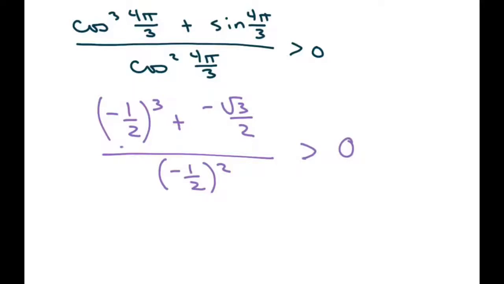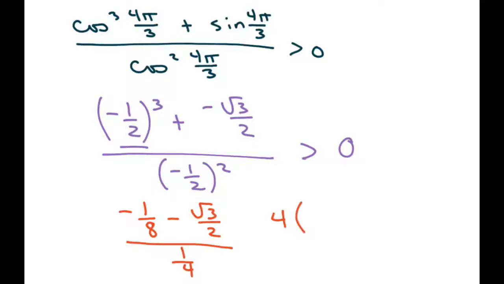So this first part is going to be negative 1/8 minus square root of 3 over 2. And this is just going to be 1/4. So basically, you're multiplying 4 times negative 1/8 minus square root of 3 over 2.